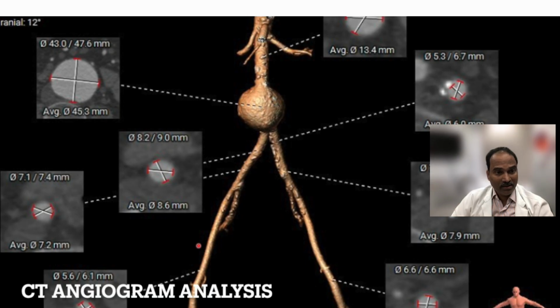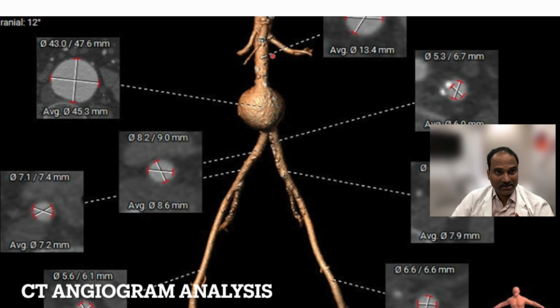So the right external iliac at 6 millimeters was the smallest size available, which clearly says through which we can take only a 23 millimeter graft.